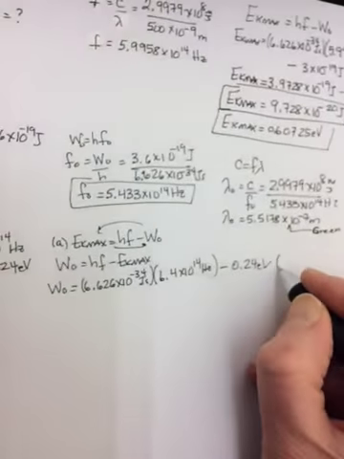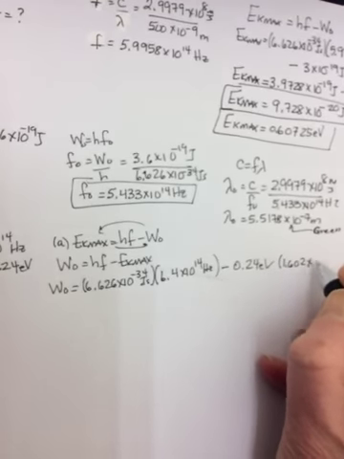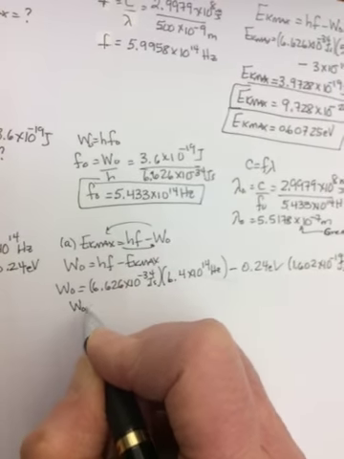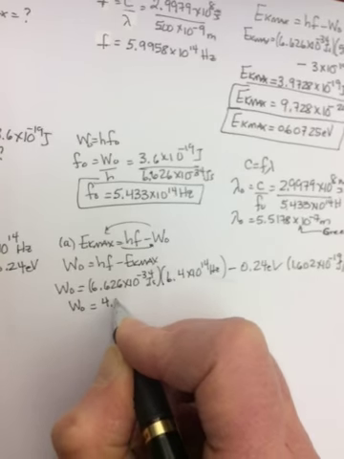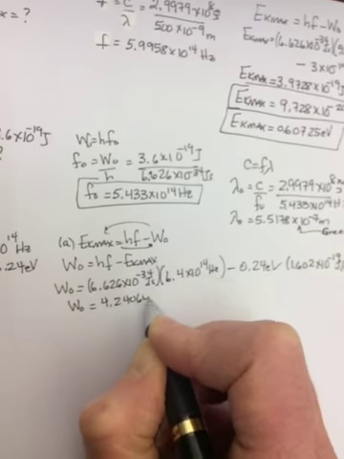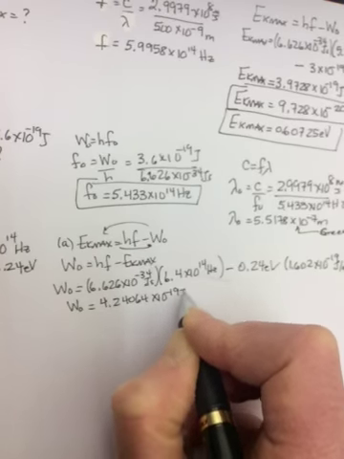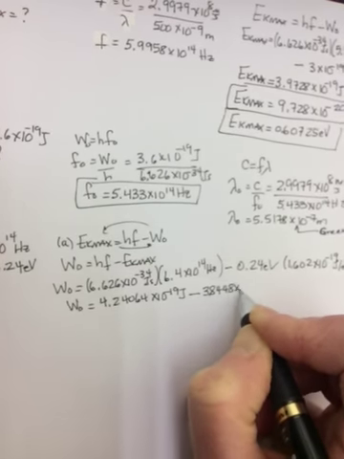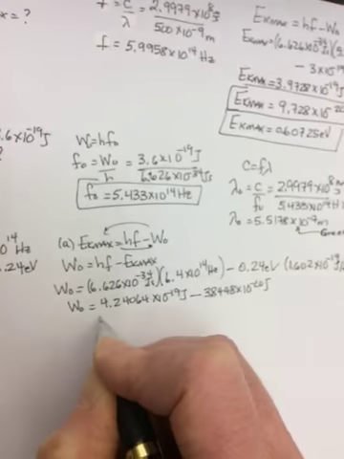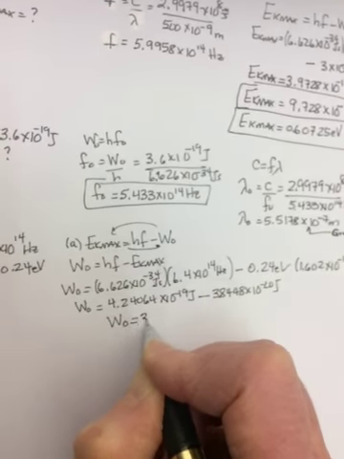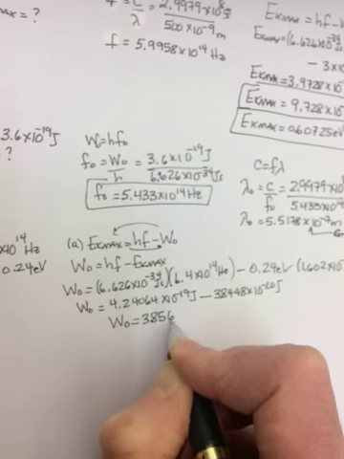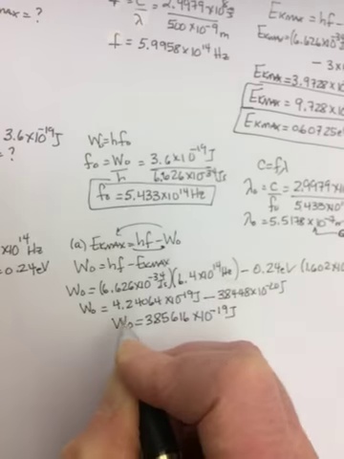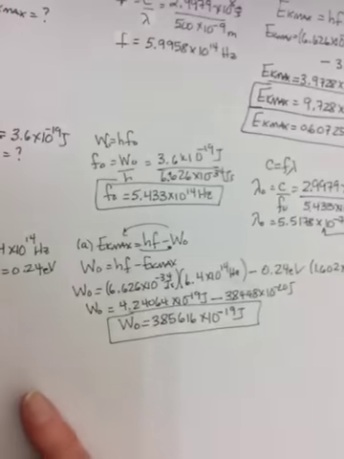So I would change this to joules, 1.602 times 10 to the negative 19 joules per electron volt. When you do, the first term becomes 4.24064 times 10 to the negative 19 joules, and it's minus 6.7925 times 10 to the negative 20 joules. When you subtract them, you end up with 3.85616 times 10 to the negative 19 joules. Okay, so that's part A, WO.